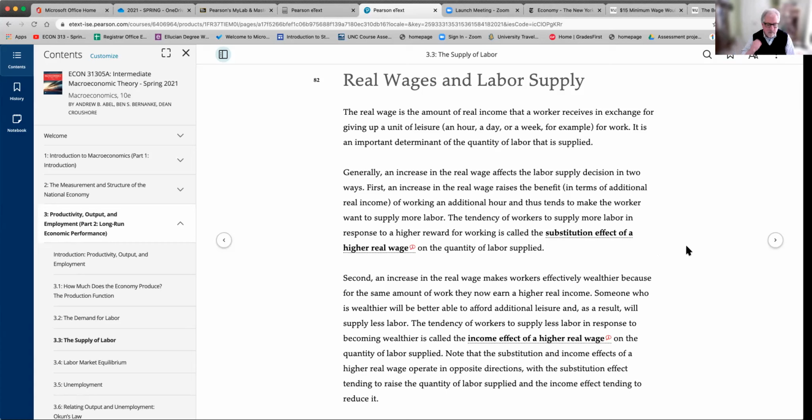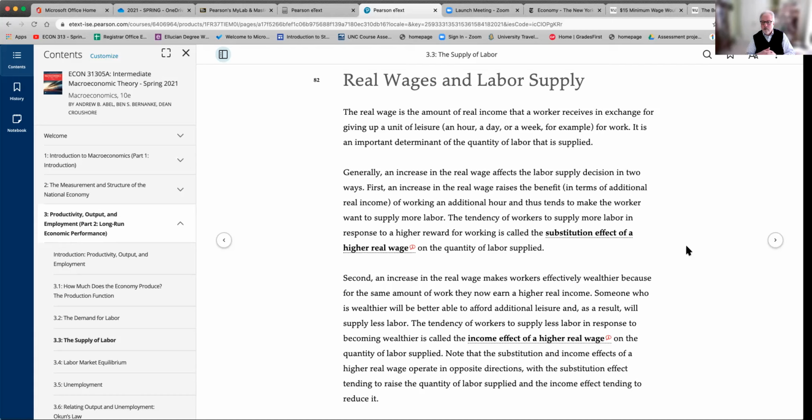So in this case, for example, you have higher real wages. It makes the decision to work less, to have more leisure, right, more expensive at the margin, because you're giving up something that you could have used to buy goods and services, right? Things that you want to consume.